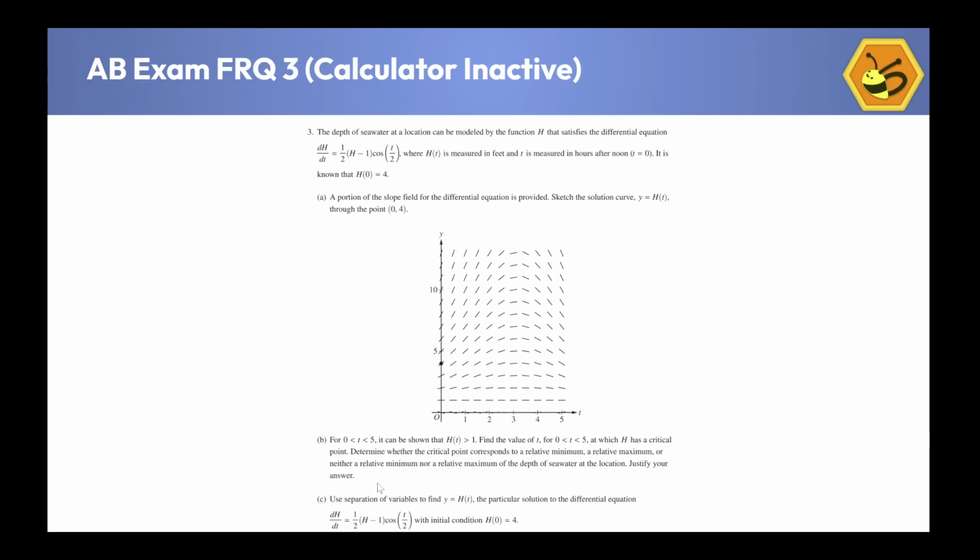For the BC FRQ, we have the improper integral and finding the volume of solids of revolution. And for the second BC FRQ, of course, we are going to have sequences and series. That is always the case.